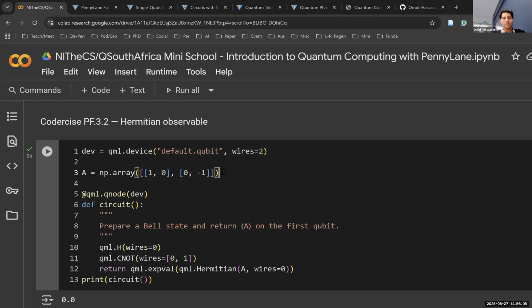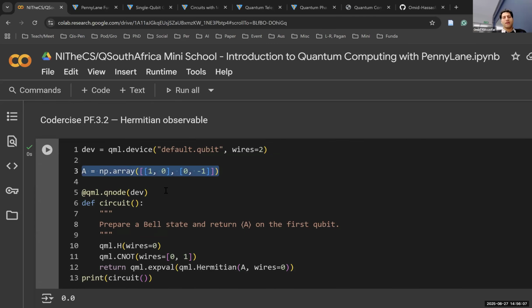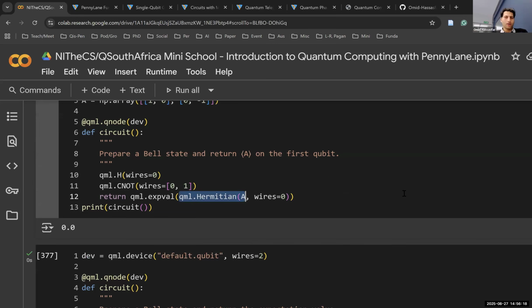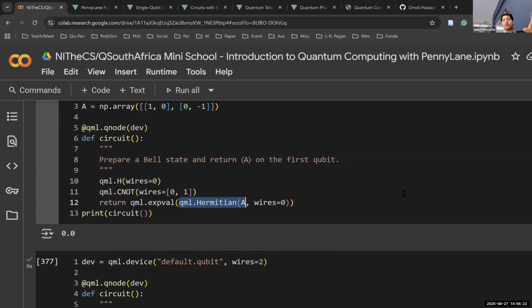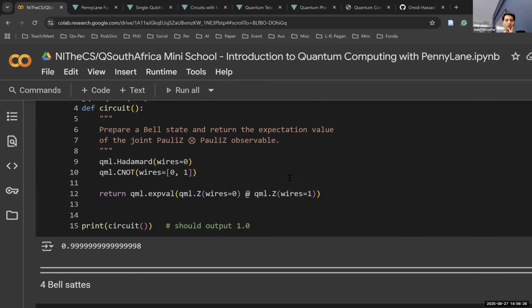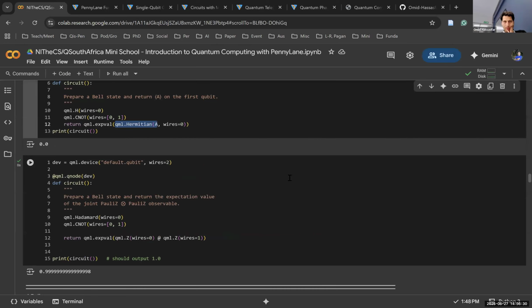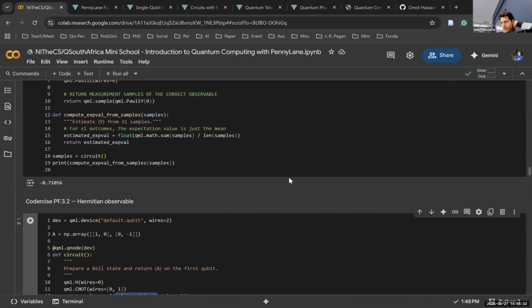So you can define your A as a matrix and then put it here, Hermitian A. You need that specific code to calculate the expectation value of that custom matrix. Okay, and by this I'm going to finish here and finish this mini school.